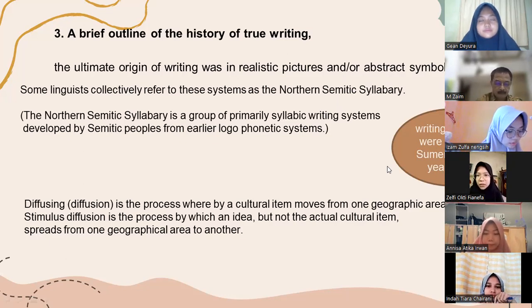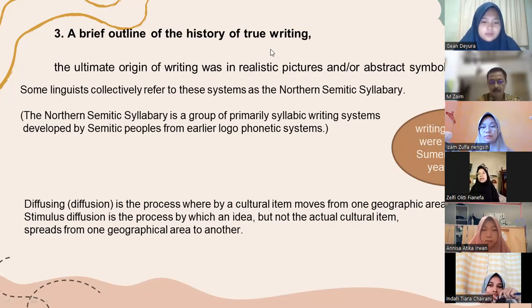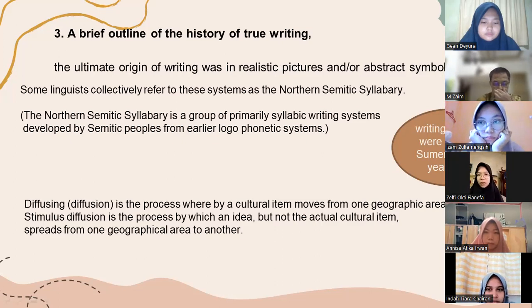Others make an argument for monogenesis. They see true writing developing somewhere in the Western world and then diffusing or transferring to other areas through direct or indirect contact. The forms of early writing systems are said to differ greatly because often only the idea of writing diffused, not the actual form of the writing system.